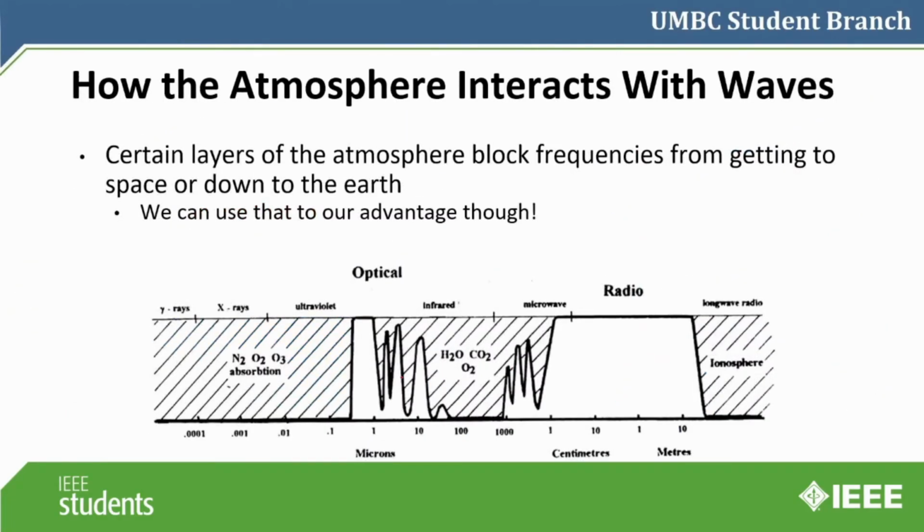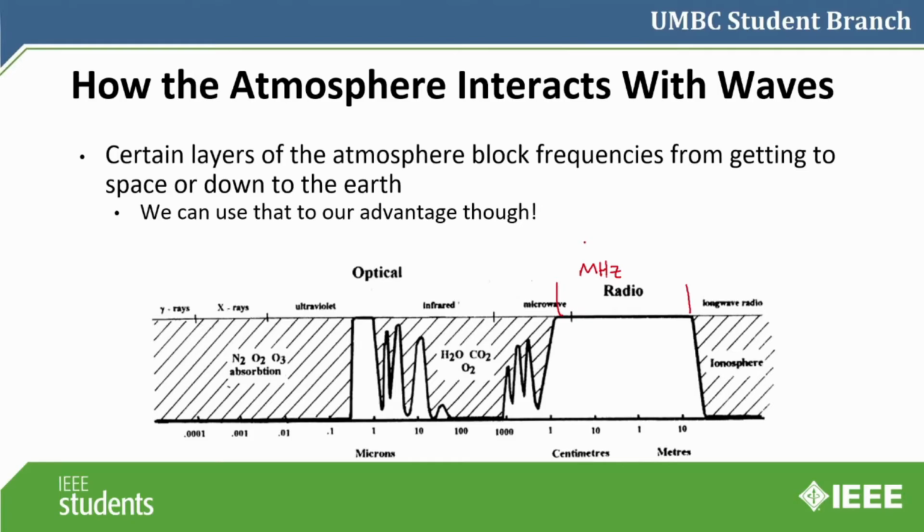So here's what I'm talking about with absorption. We've measured over time that we can actually pass through the atmosphere at only specific frequencies. So here are radio waves in the megahertz.